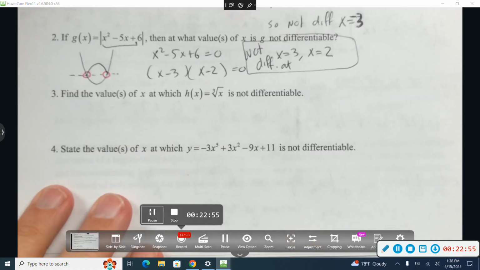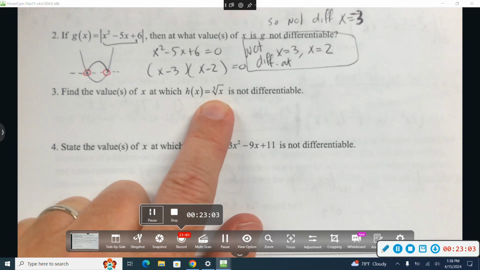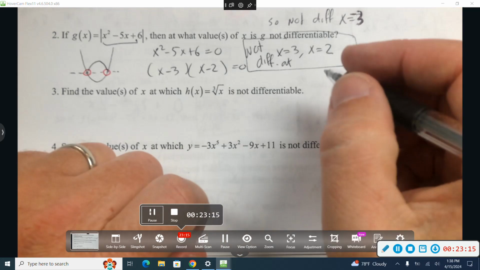Number 3, find the value of x at which the cube root is not differentiable. There's maybe 2 ways to do this. Do you know what the graph of the cube root looks like? If we knew that, maybe we could get it from the graph. Oh, yeah, some of you are sketching out things in your hands.